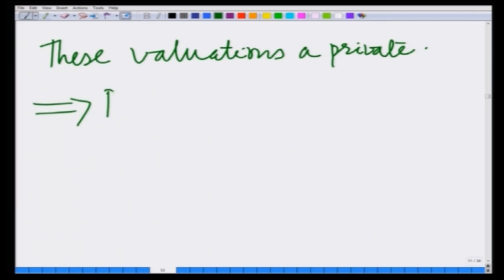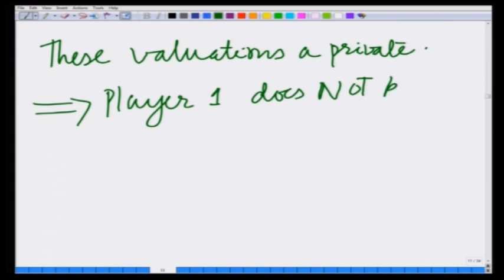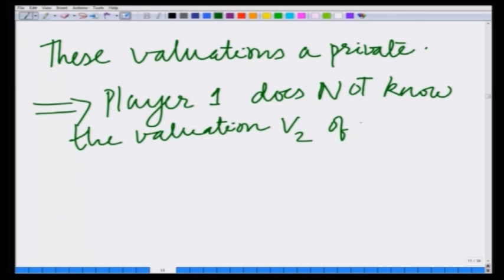This implies player 1 does not know the valuation V2 of player 2.